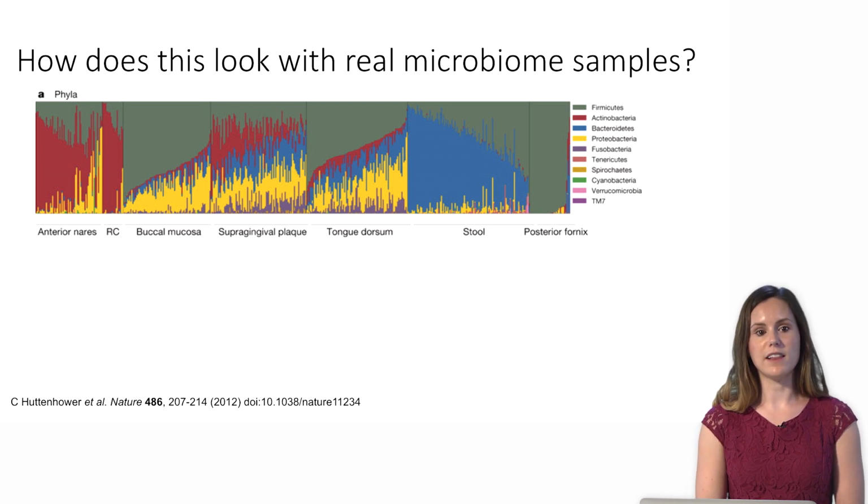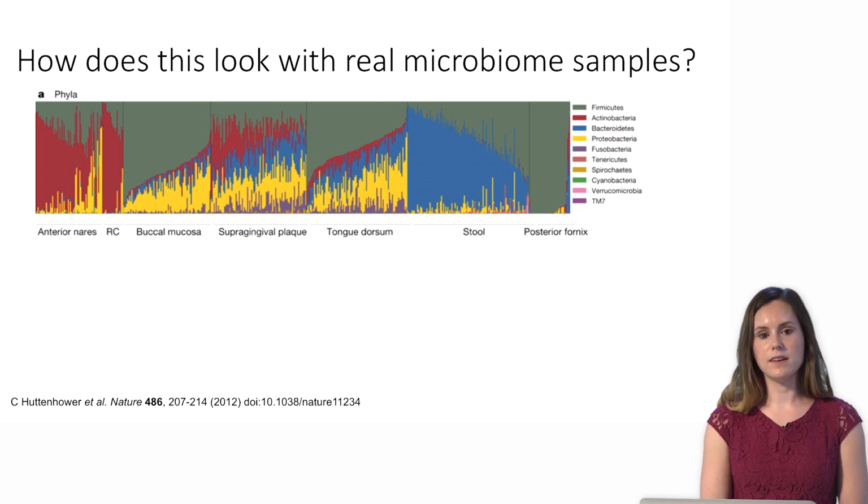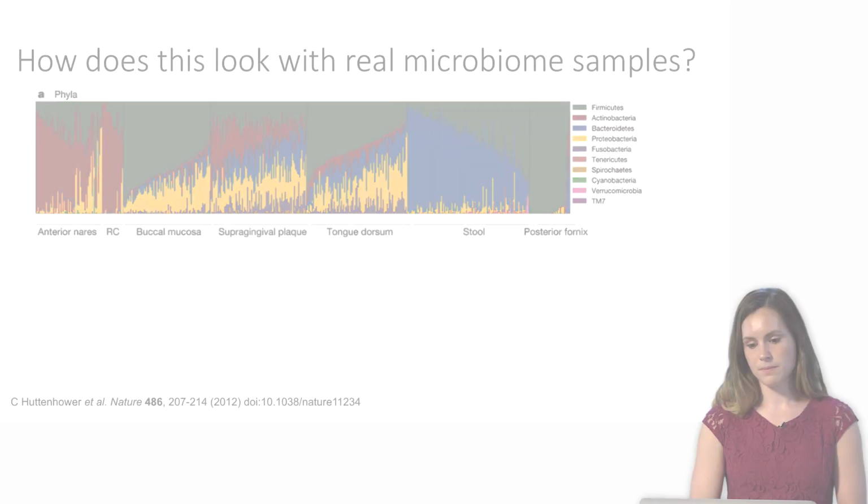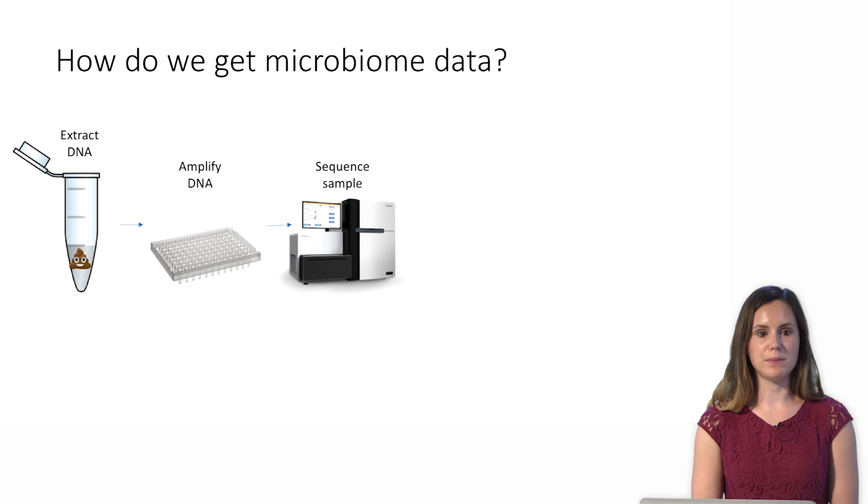So on the far left, you have samples from somebody's nose, and on the far right, you have samples from stool and fornix. As you can see, there are vast differences between the microbial samples that live in your nose and those that live within your gut. So how do we get this microbiome data to begin with?